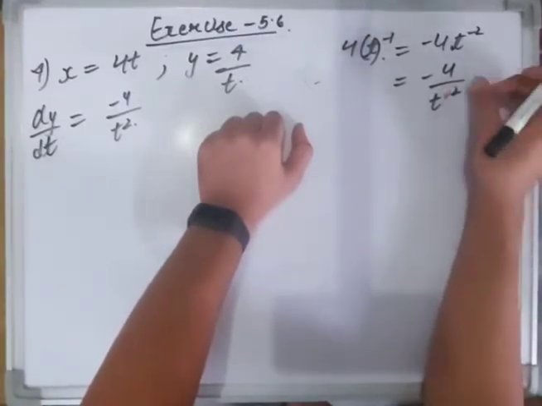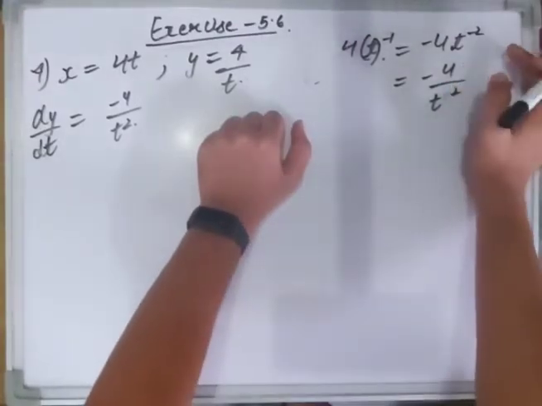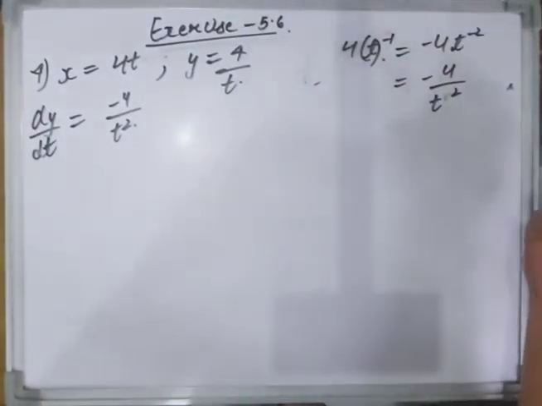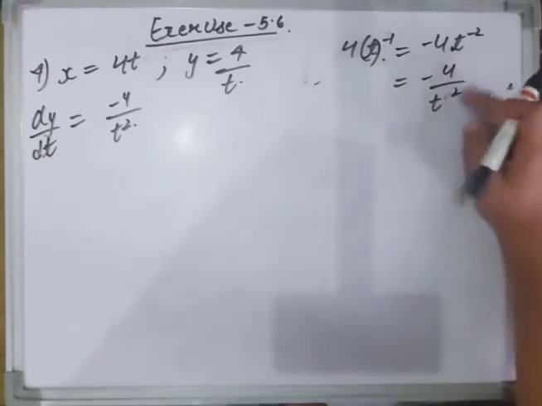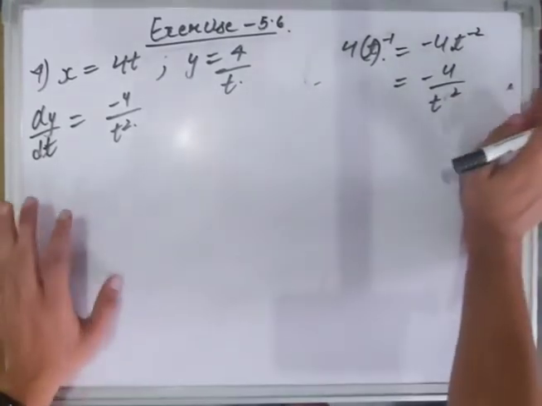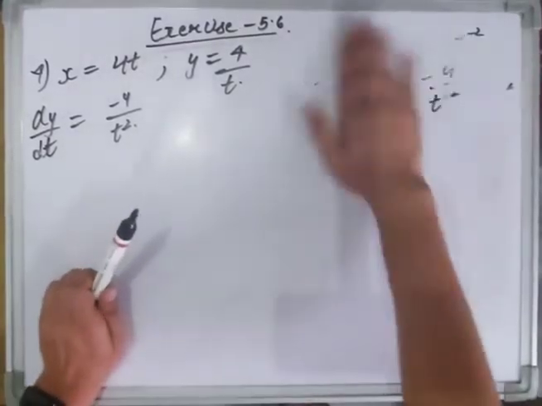I can write this as minus 4 upon t square, because whenever there is a minus in the power, you can take the value to the denominator, and then it changes to positive in the denominator. So this was the derivative of 4 by t.